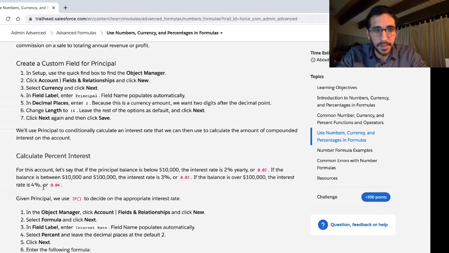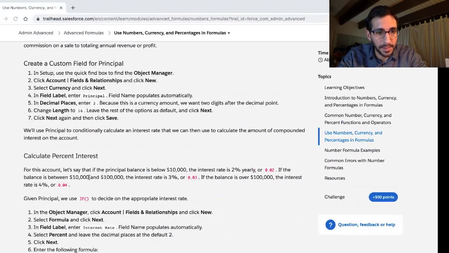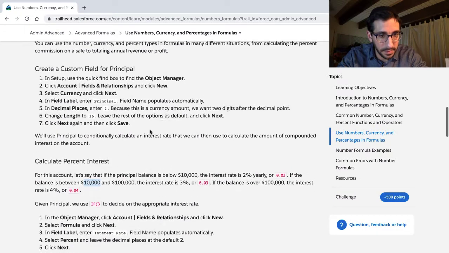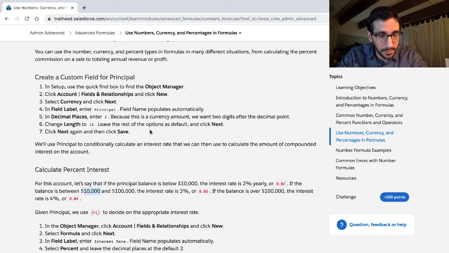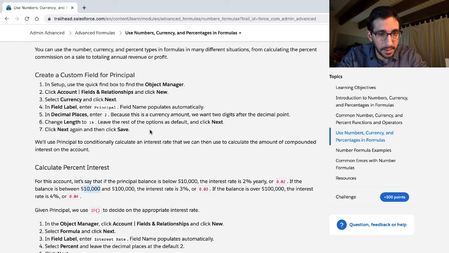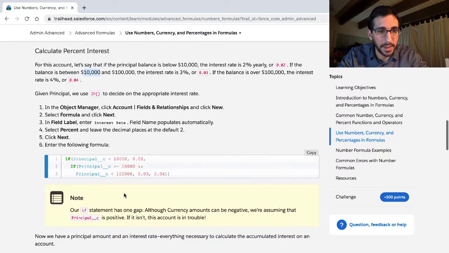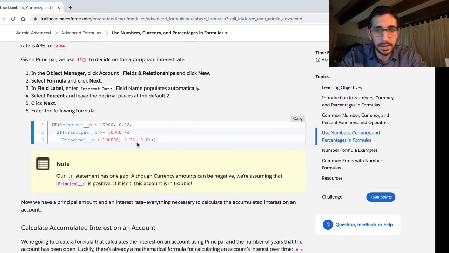Fine. I'm in the middle of trying to write this formula. Let's see how I'm doing. If principal. Okay. I'm just looking at this bottom part here and trying not to look at the rest. Good.